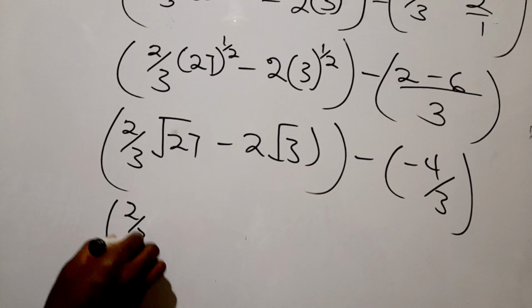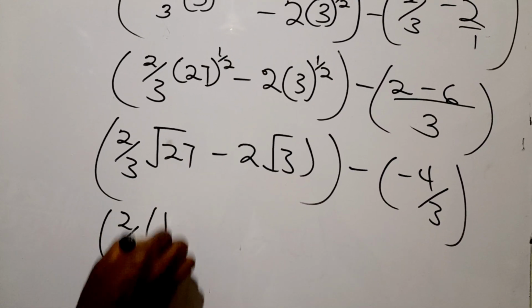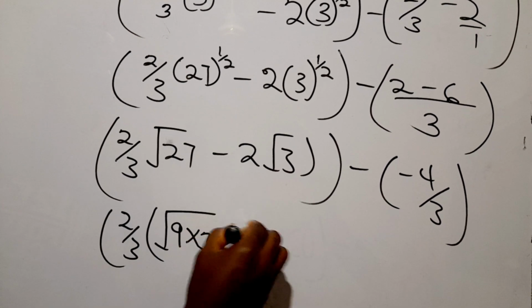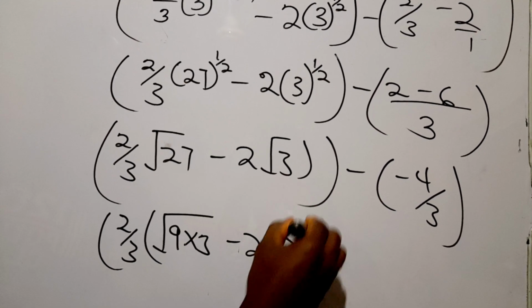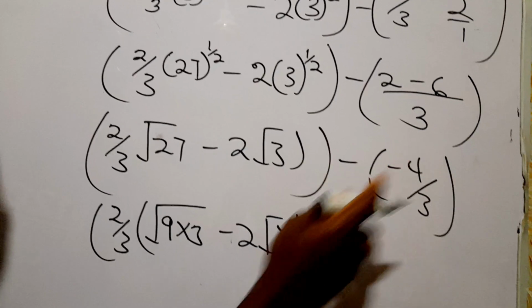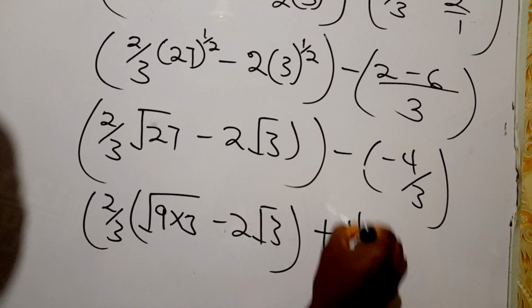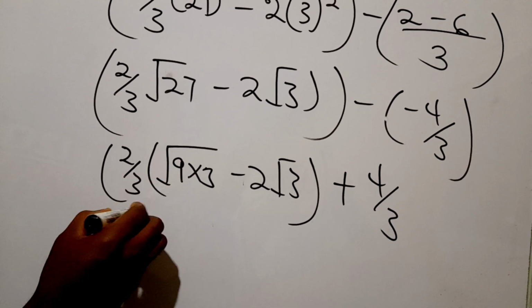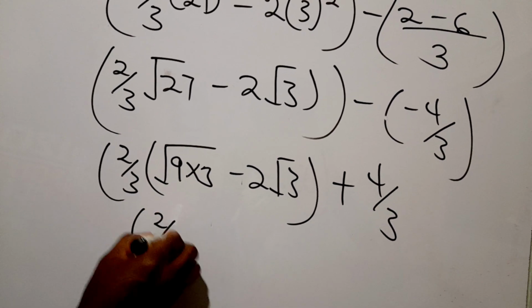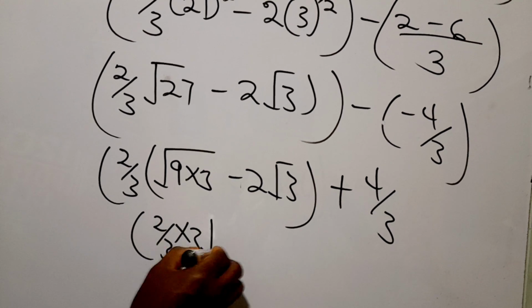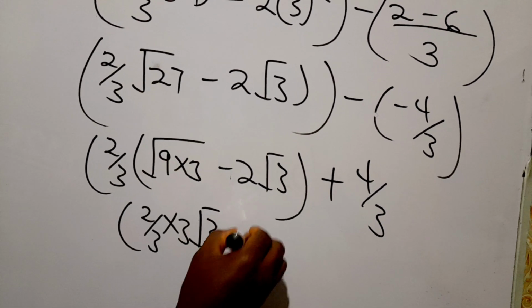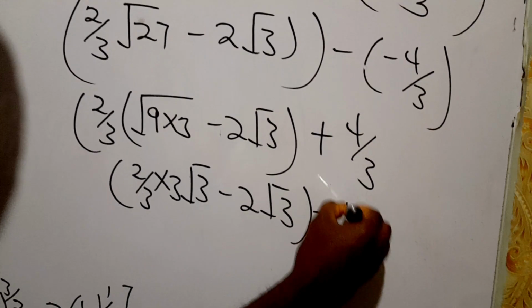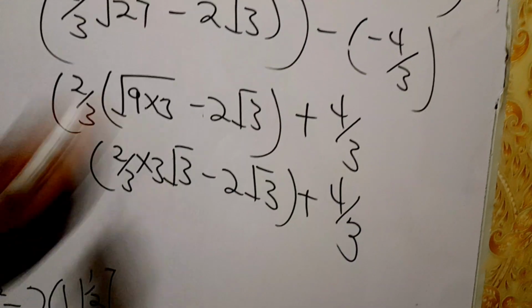So 2 over 3, the square root of 27 is the square root of 9 times 3, minus 2 root 3. Then this will give us plus 4 out of 3. So the square root of 9 is 3. So we have 2 over 3 times 3 root 3 minus 2 root 3, then plus 4 out of 3.